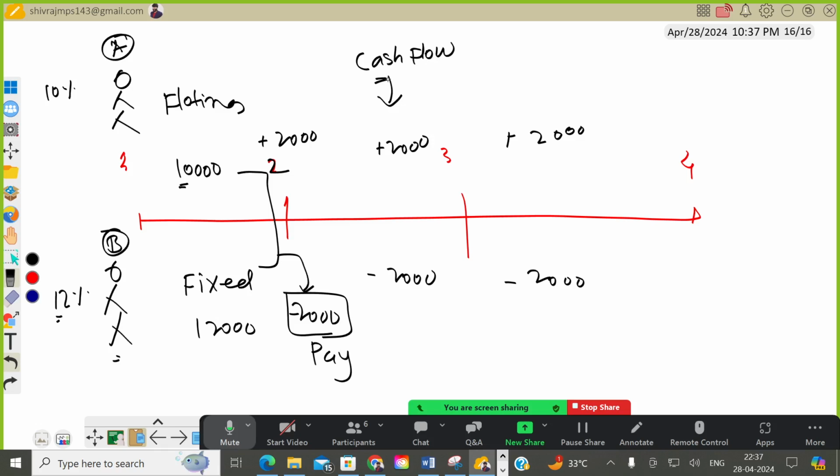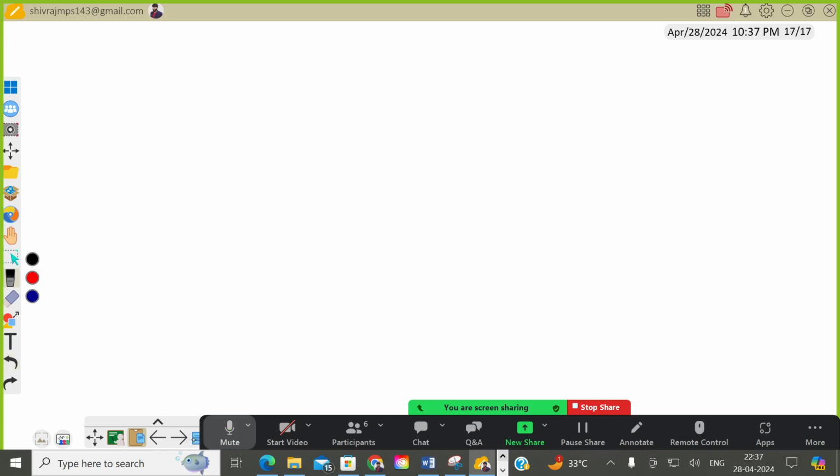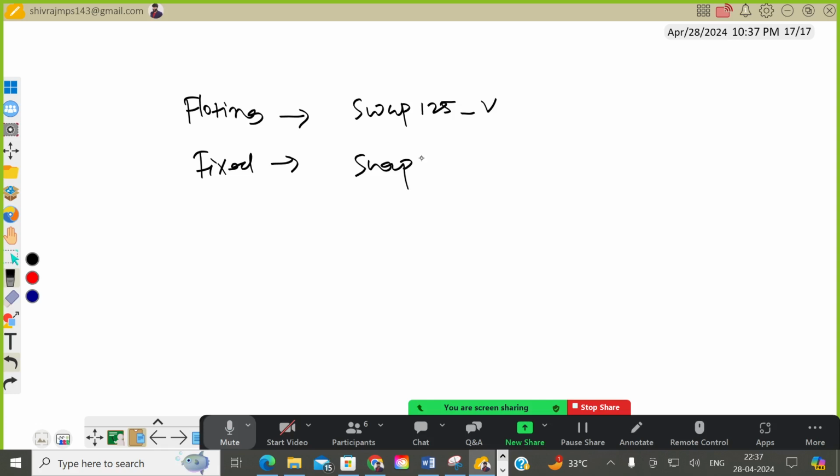But from a reconciliation perspective, how does it happen? Floating interest payment, we denote in swap, let's say 1, 2, 3, 4. Swap variable, right? Fixed interest payment we denote in swap 1 to 5, which is fixed.